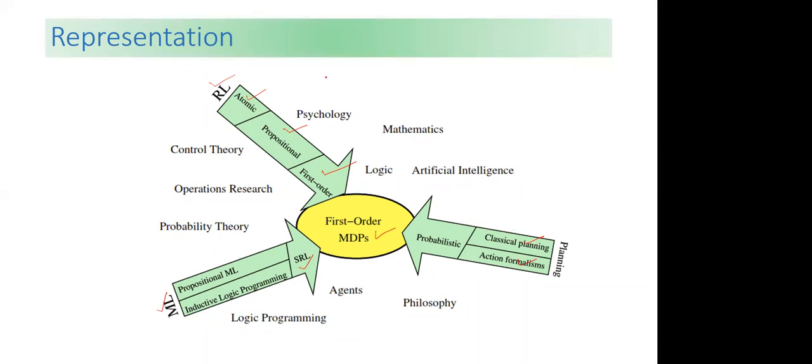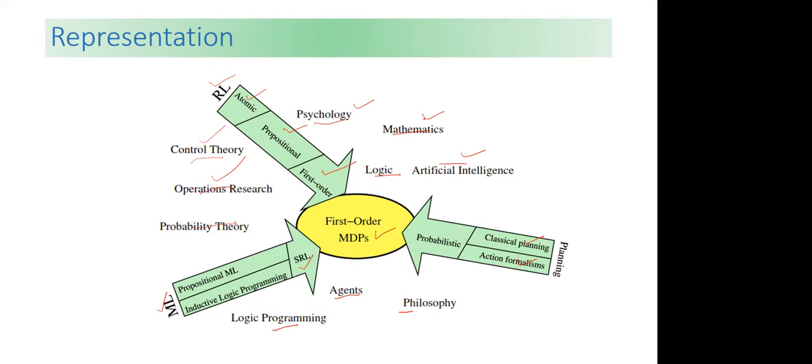Whatever these representations are, they depend on the domains. Psychology is a different domain, and so are mathematics, logic and AI. Here we are using control theory, operations research, probability, agents, logic programming, and philosophy.